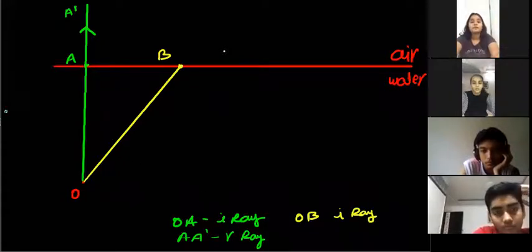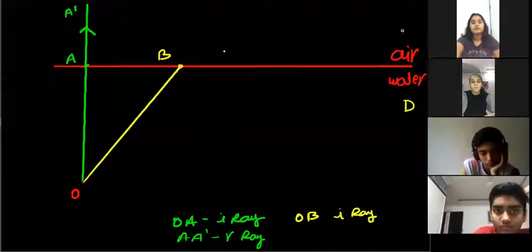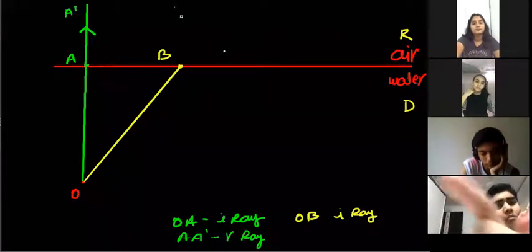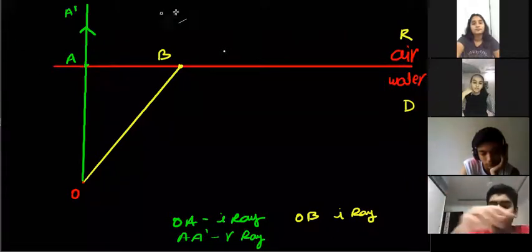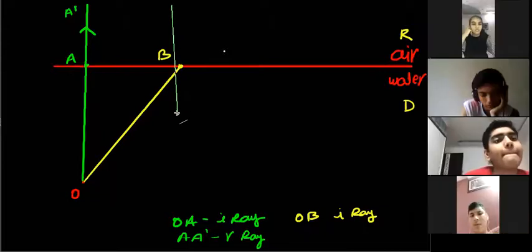Okay, let's draw a normal. At this point B, the ray of light is going from water into air. So it is going from a denser medium to a rarer medium. The ray of light will bend away from the normal, right? So let me just draw the normal first. The normal will be perpendicular.